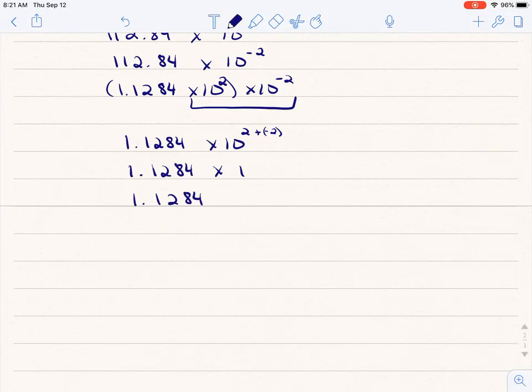Any questions about that one? You'll always have your calculator. This is just to show you how you can manipulate it.